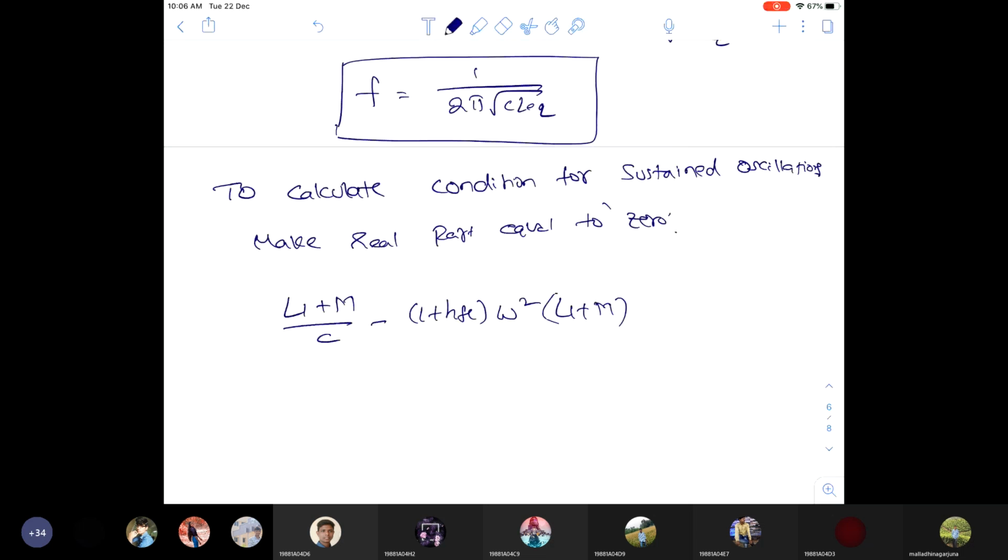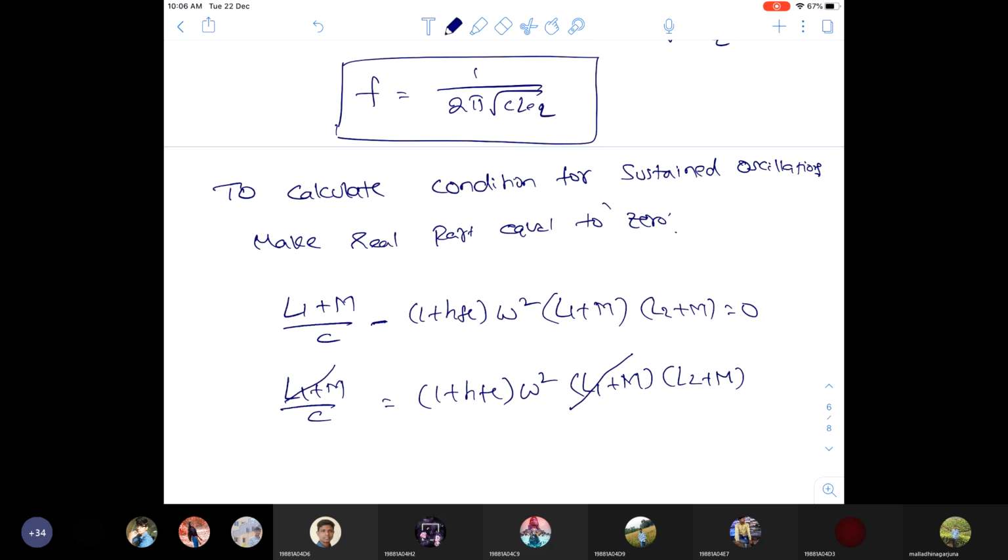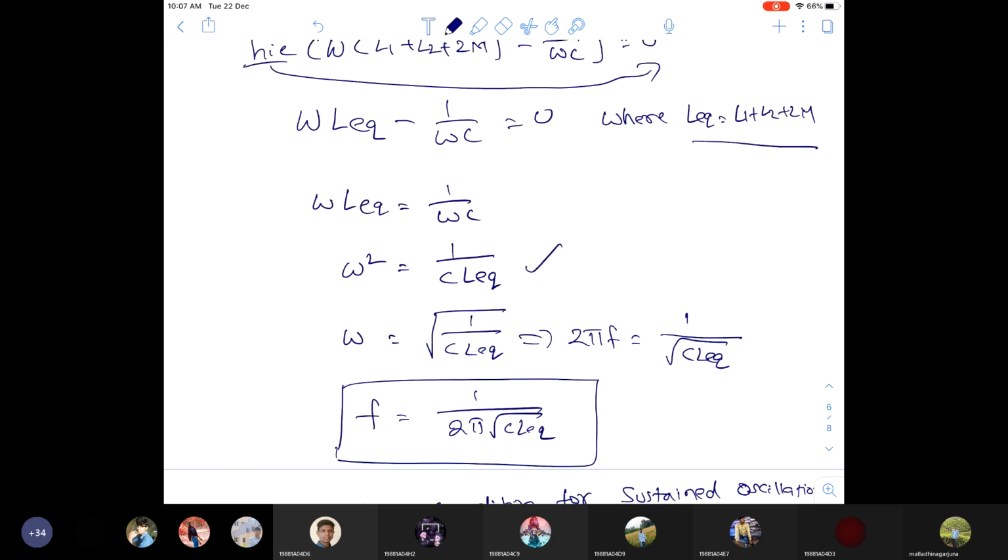So from this I can write L1 plus M by C equal to 1 plus hfe into omega square into L1 plus M into L2 plus M. This minus becomes positive when I send it to the right-hand side. So L1 plus M cancels. So 1 by C equal to 1 plus hfe into omega square, and omega square is 1 by C into L equivalent.